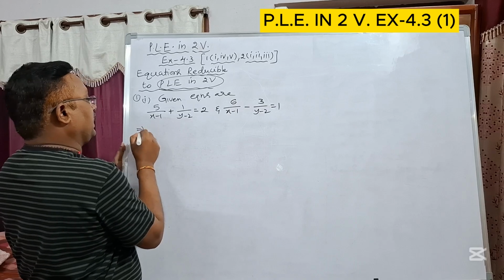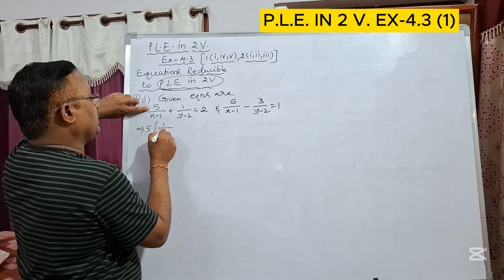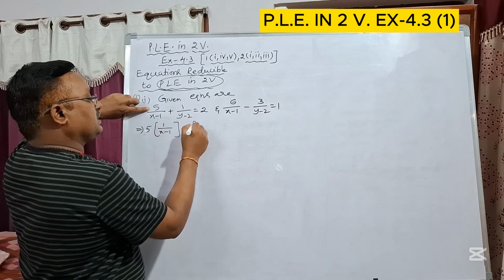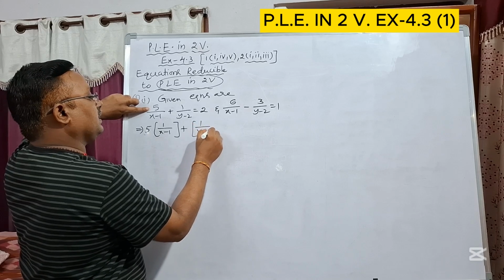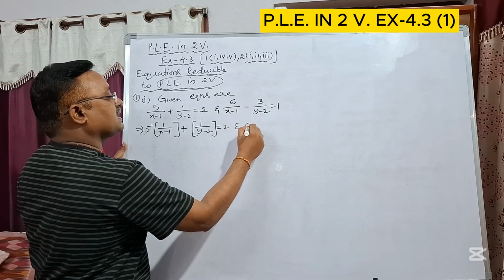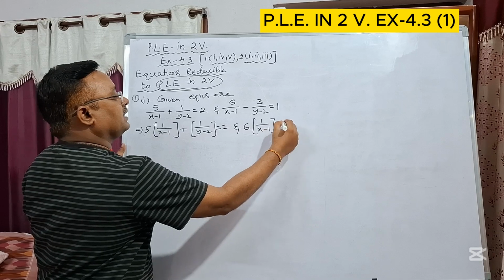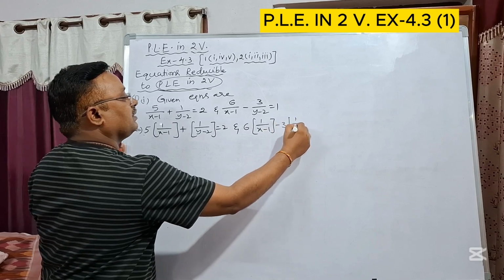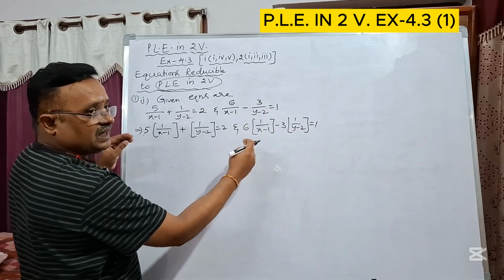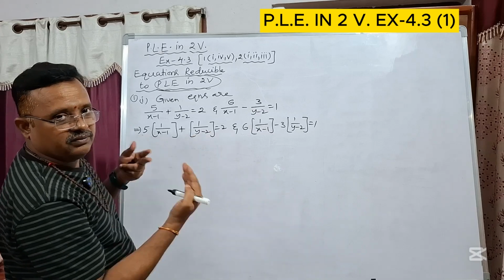This can be written as 5 into 1 by x minus 1 plus 1 by y minus 2 equal to 2, and 6 into 1 by x minus 1 minus 3 into 1 by y minus 2 equal to 1.